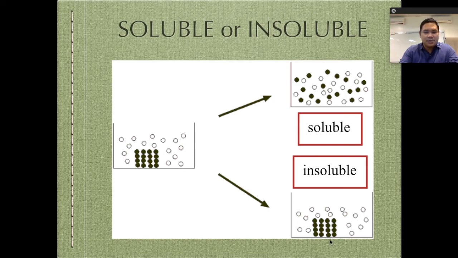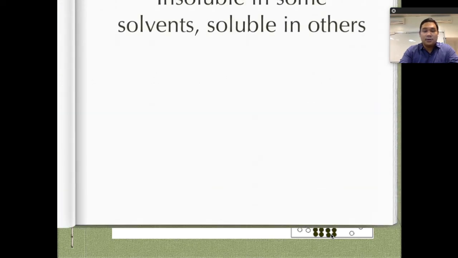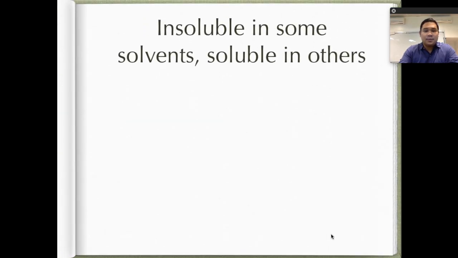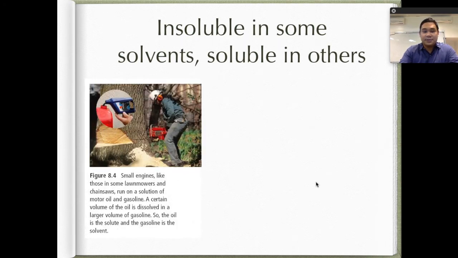Okay, so meaning to say, this black molecule on the lower diagram is insoluble. So basically, some solutes are insoluble in some solvents. Some solutes are soluble in others.